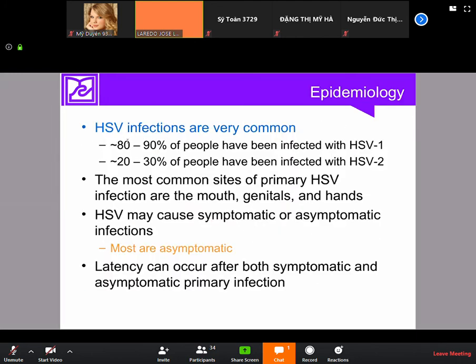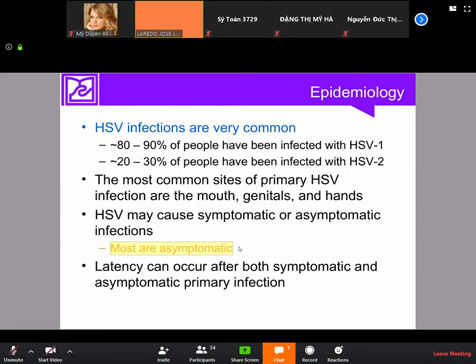So look, herpes simplex viral infections are very common. Between 80 to 90% of people have been infected with type 1. 20–30% of people have been infected with type 2. Most of these infections are asymptomatic, usually in children.